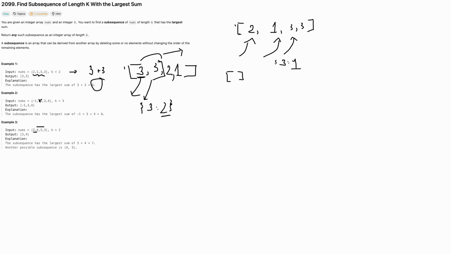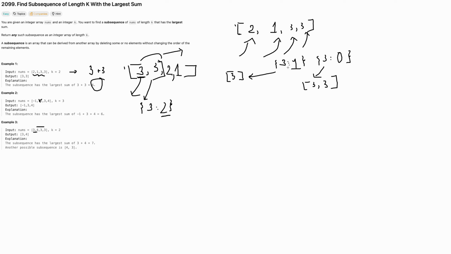Okay, we visit 3, now we update the frequency to 1. Next we visit this one, and we can see that for now the frequency of 3 is 0. So it means that we can get all the largest elements. Every time we see an element in the hash map, we add it into the return array. So here, we add another element.